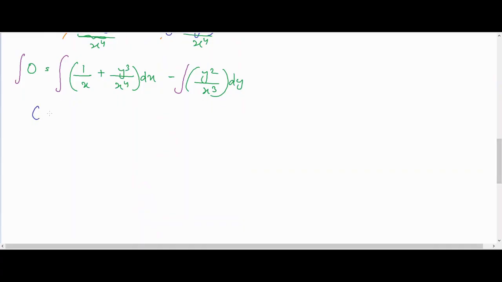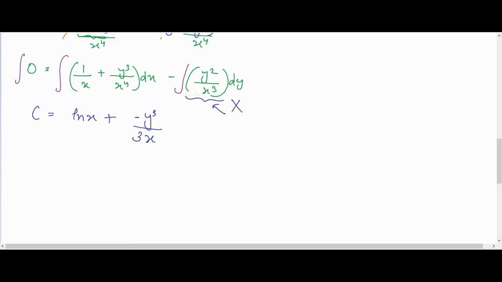So we will get a constant here, and the integral of 1 by x will be ln of x plus this will become y cube, and x raised to minus 4 will become x raised to minus 3, and we will get a minus 3 here. So I will put a minus sign here for now, and in this equation actually there is an x term, so we don't need to integrate this.